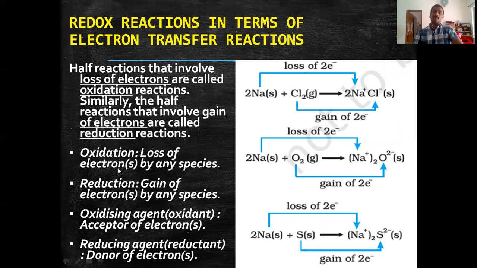So oxidation is loss of electron or electrons by any species: atoms, molecules, or ions. Reduction is gain of electron or electrons by any species: atoms, molecules, or ions.